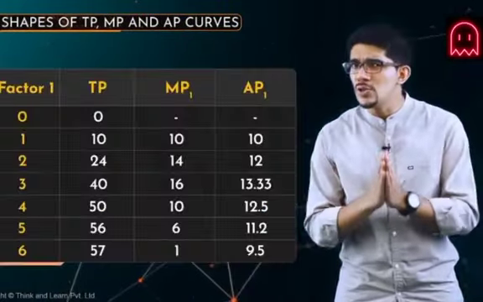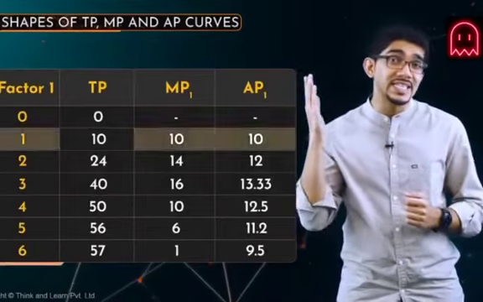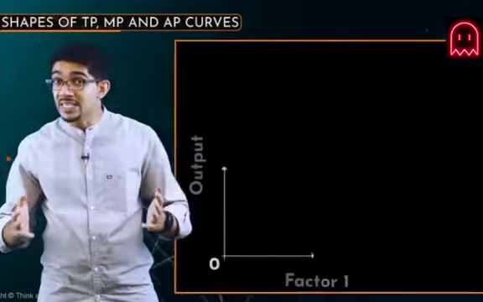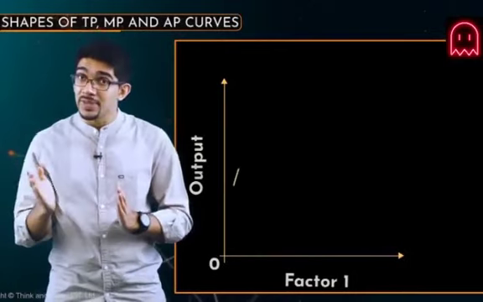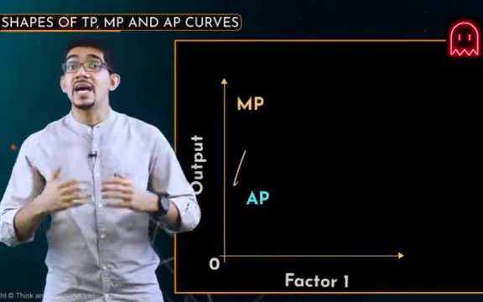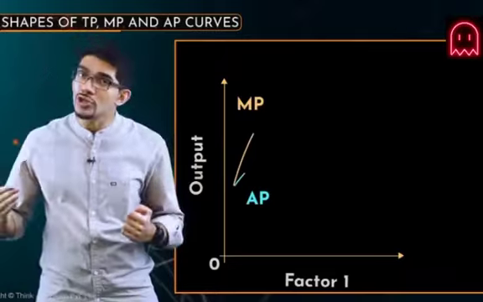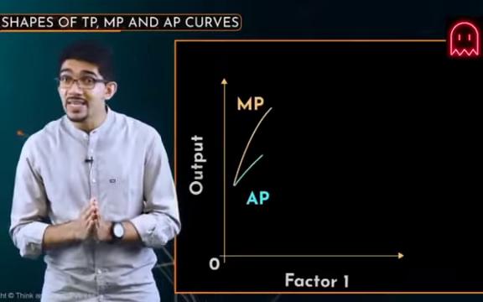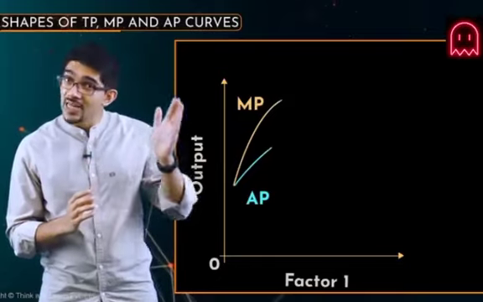For the first unit of the variable input, we can easily see that the MP and the AP are the same. Now, as we increase the amount of input, the MP rises and AP, being the average of marginal products, also rises. But it rises less than MP. Then after a point, the MP starts falling.